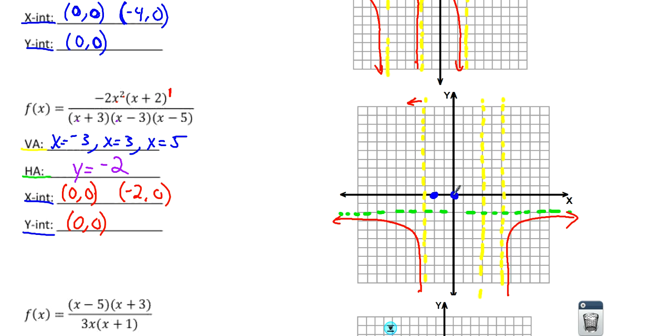I still don't know what's going to happen, so I have to plug in a point. I'm going to plug in x equals -1. When I plug in x equals -1, and this is where you have to be careful, -1 squared is +1, and positive times -2 is negative. So the first one on top is negative, and the second one here is going to be positive. On the bottom, it's positive, negative, negative.